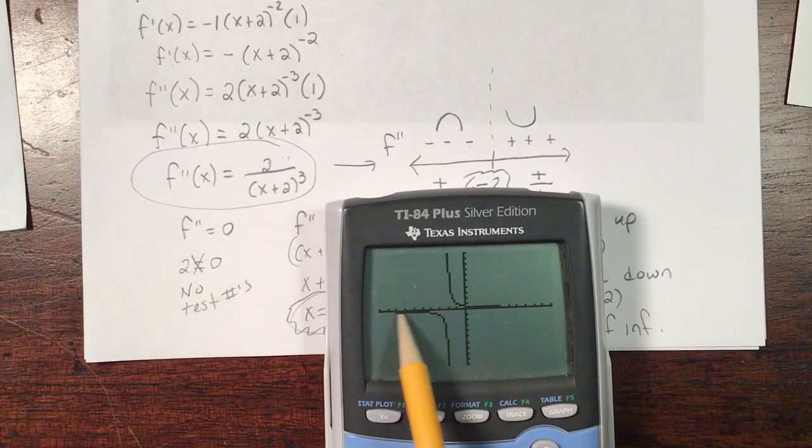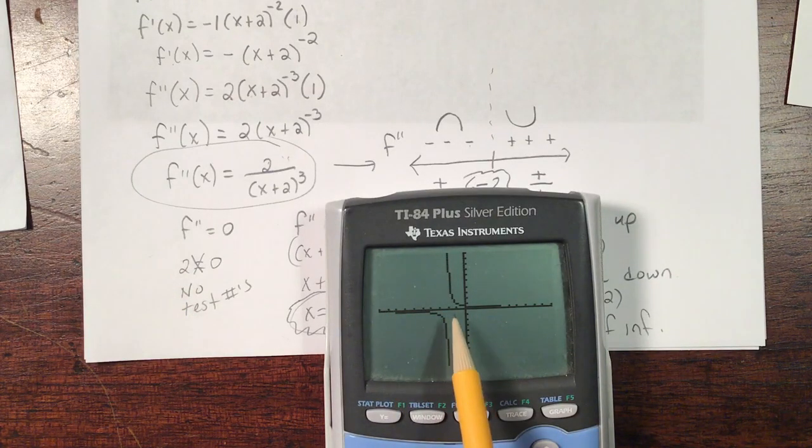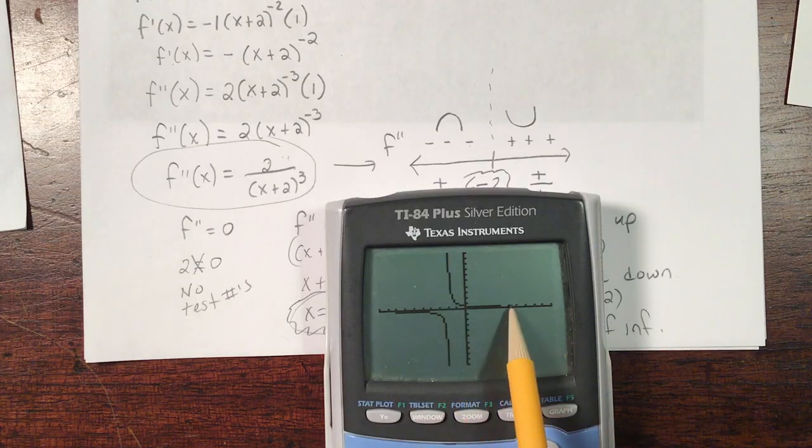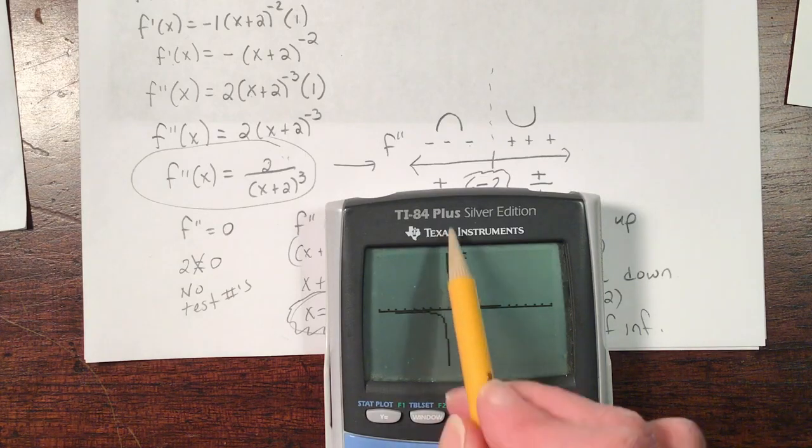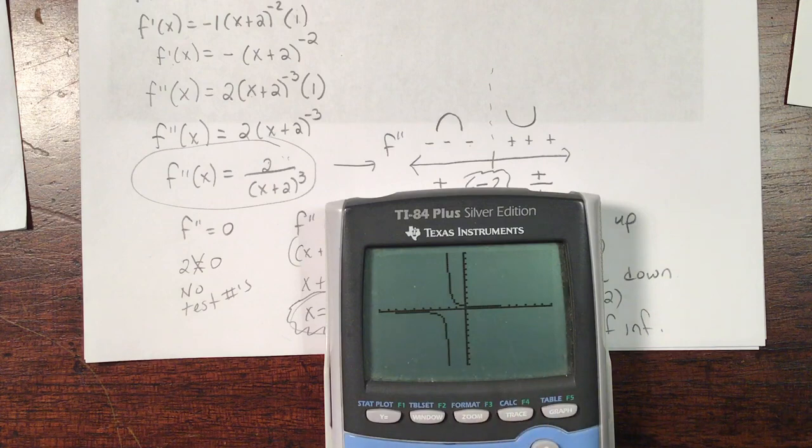At -2, the graph is concave down, the graph is concave up. Once again, even though my graph changes concavity, there is no point of inflection for this curve.